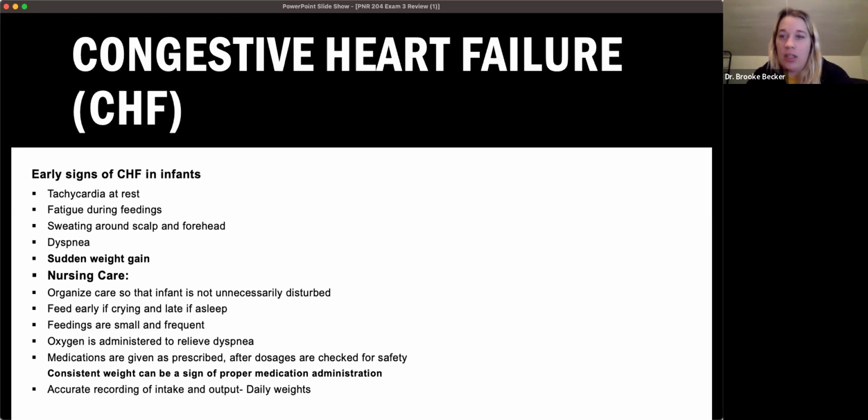If they're dyspneic or they're having low oxygenation rates, then they need to be on oxygen, okay? Medications may be prescribed or likely will be prescribed with these kids, and just make sure that they're weight-based and appropriate. Okay.